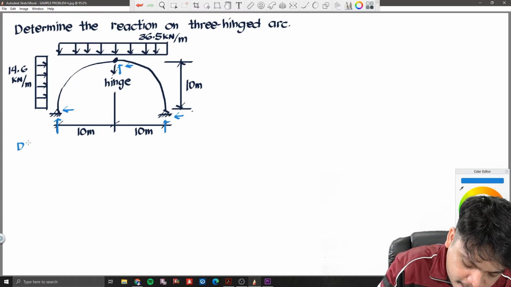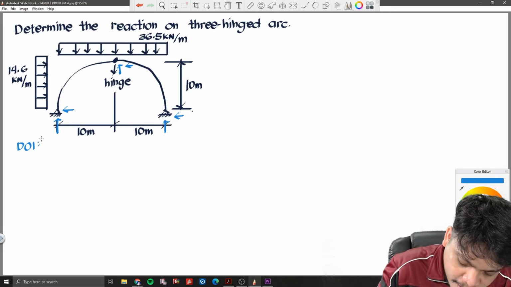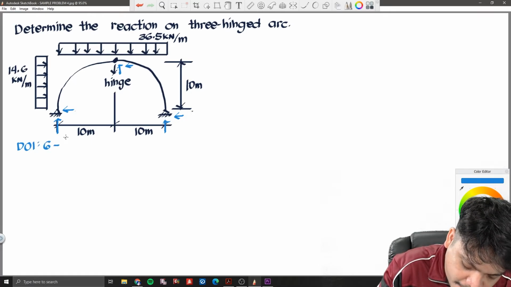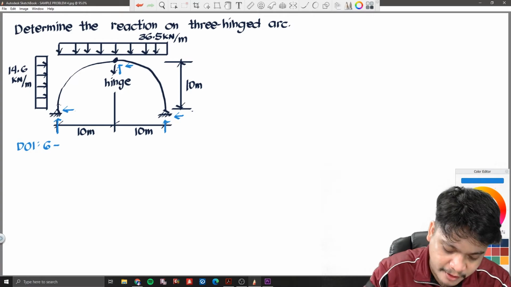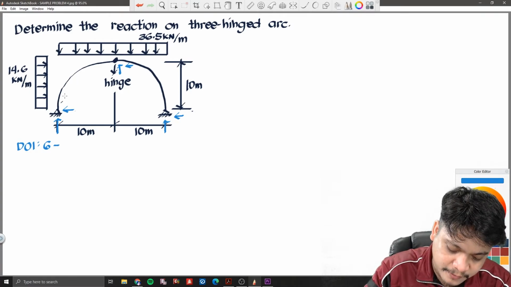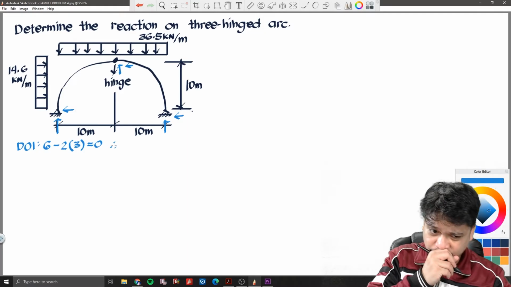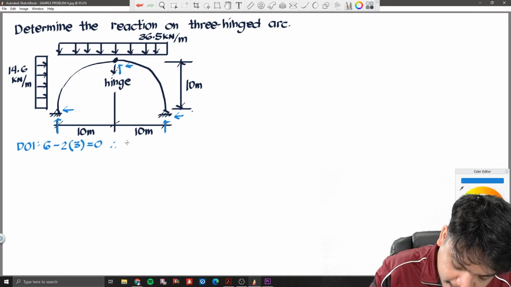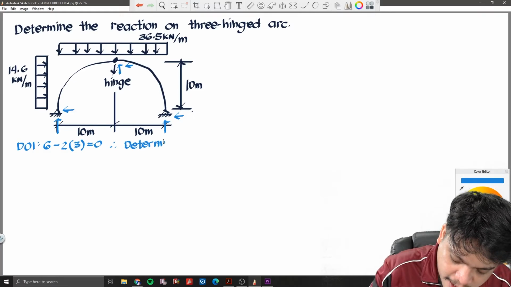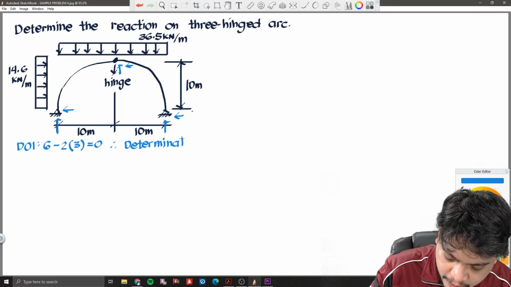So, degree of indeterminacy. So, you have 6 unknowns minus ilang rigid bodies meron tayo? Isa. Okay? And then, dalawa. So, meron kang dalawa. I-multiply natin by 3 equations. So, the total is 0. So, therefore, this is statically determinate. Okay? So, ibig sabihin, kaya natin siyang isolve.